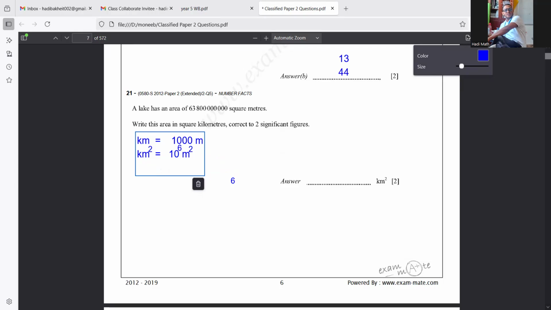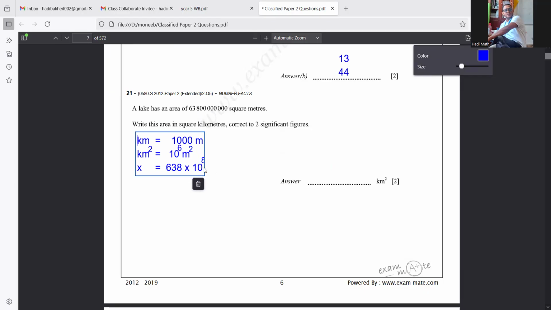You need how many kilometers squared, x is missing, is equal to 638 multiply 10 to the power 8. I just change those zeros to the power 8.